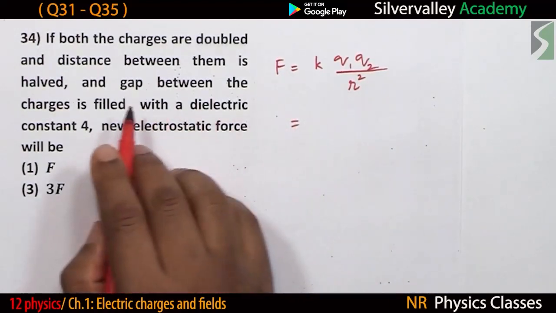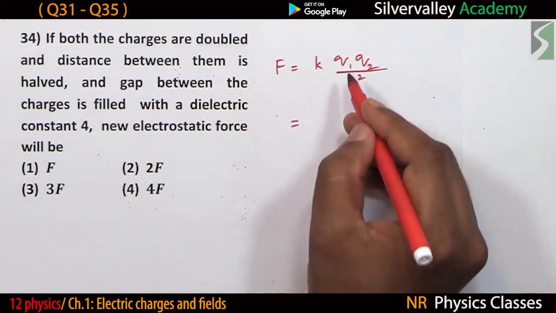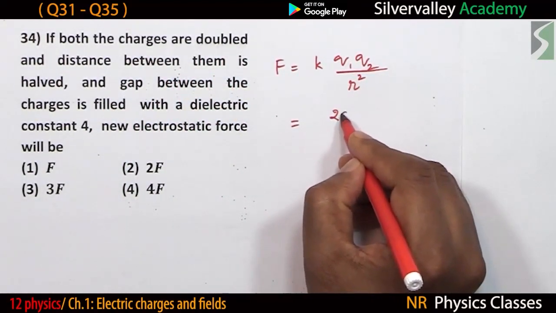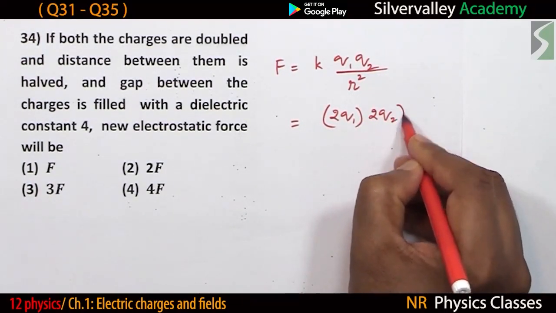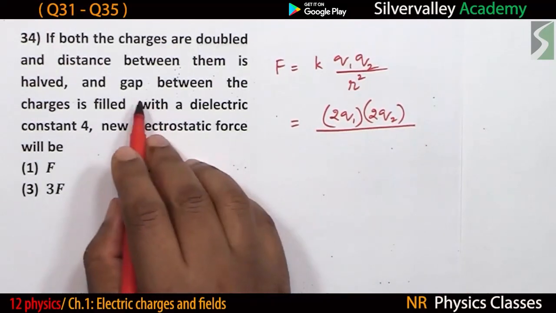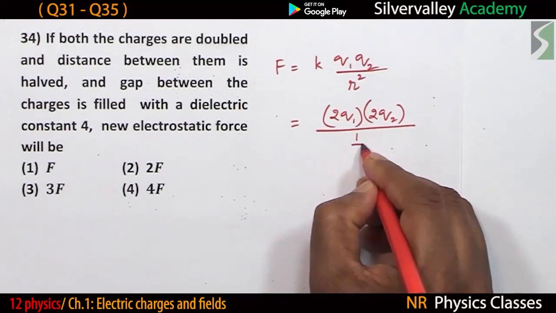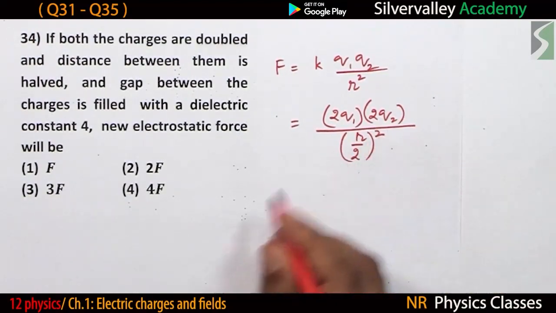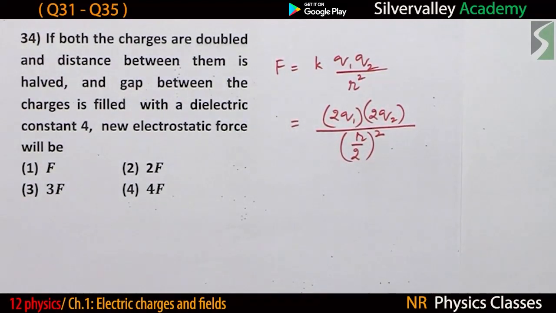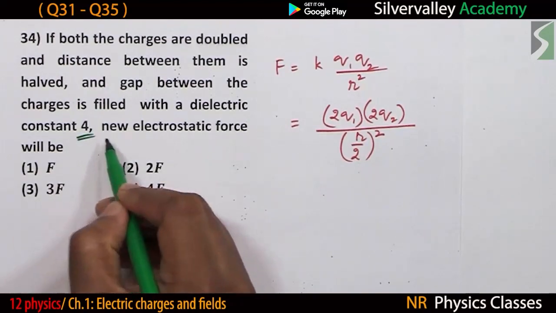It is given charges are doubled, so Q1 becomes 2Q1, Q2 becomes 2Q2. The distance is doubled, so it becomes R by 2 whole square, and dielectric constant 4 is filled.